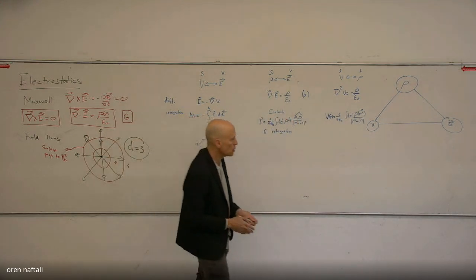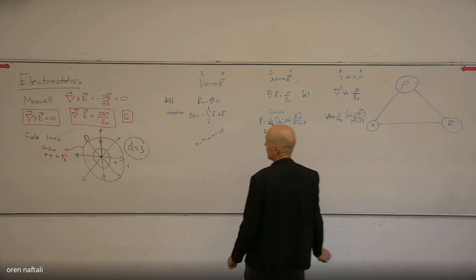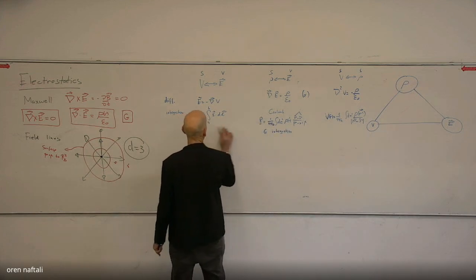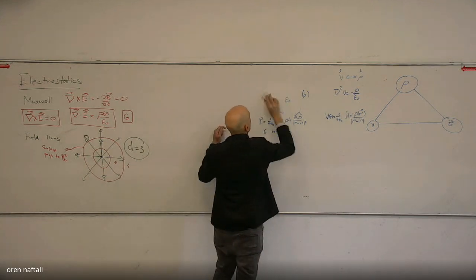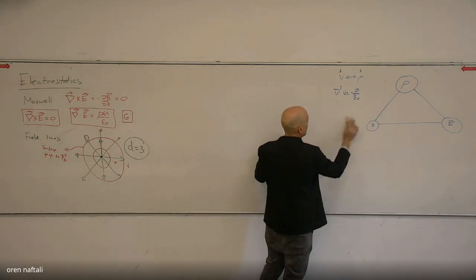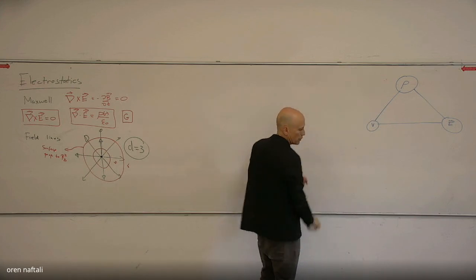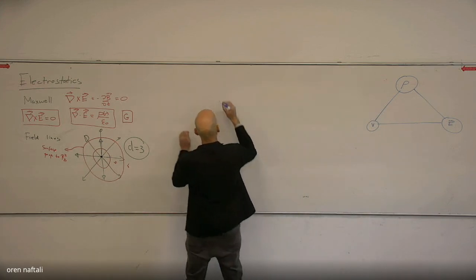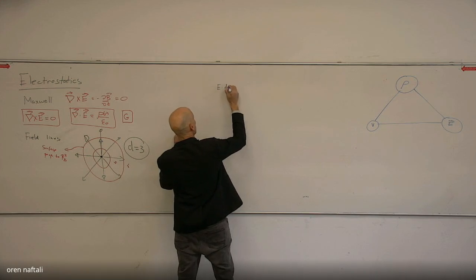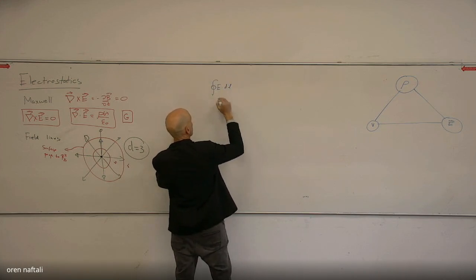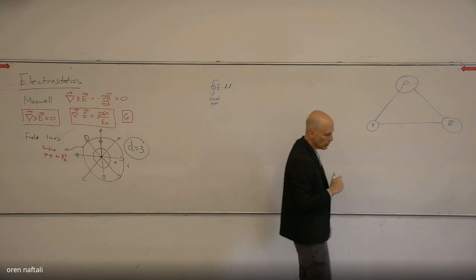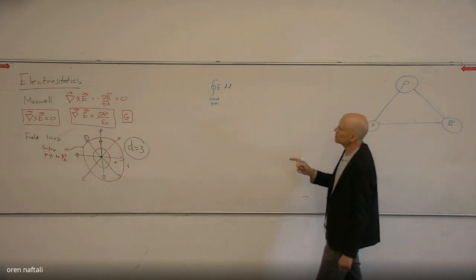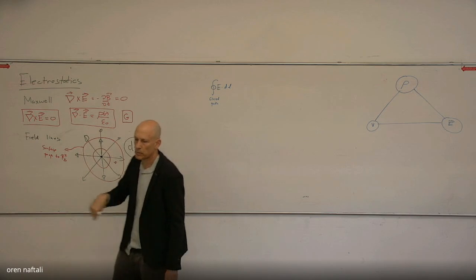I like simple geometry. Let us now go back to this integration of the E dl. It comes from a well-known law that if you have an electric field and I integrate E dl over a closed path. So here I'm now going around, and this symbol is sometimes an integration over a surface and sometimes over a closed path.